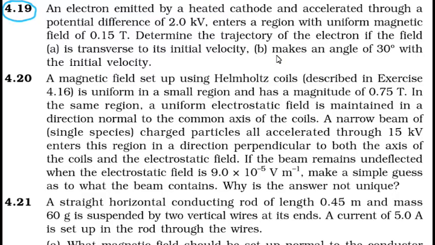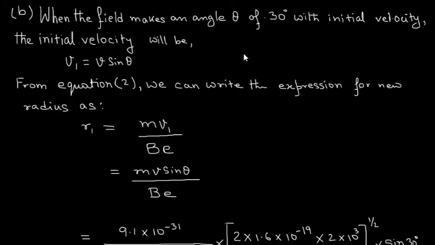So the B part is telling that the field makes an angle 30 degree with the initial velocity. Let us see the solution. When the field makes an angle theta of 30 degree with the initial velocity, the perpendicular component will be v1. v1 is equal to v sine theta. From equation 2, we can write the expression for new radius as r1 is equal to mv1 upon Be is equal to mv sine theta upon Be.